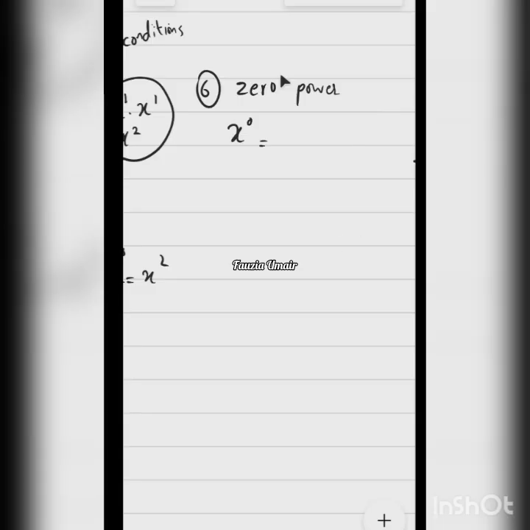Can you recall what is x की पावर 0? What is 2 की पावर 0? It would be 1. ये आपने याद रखना है.